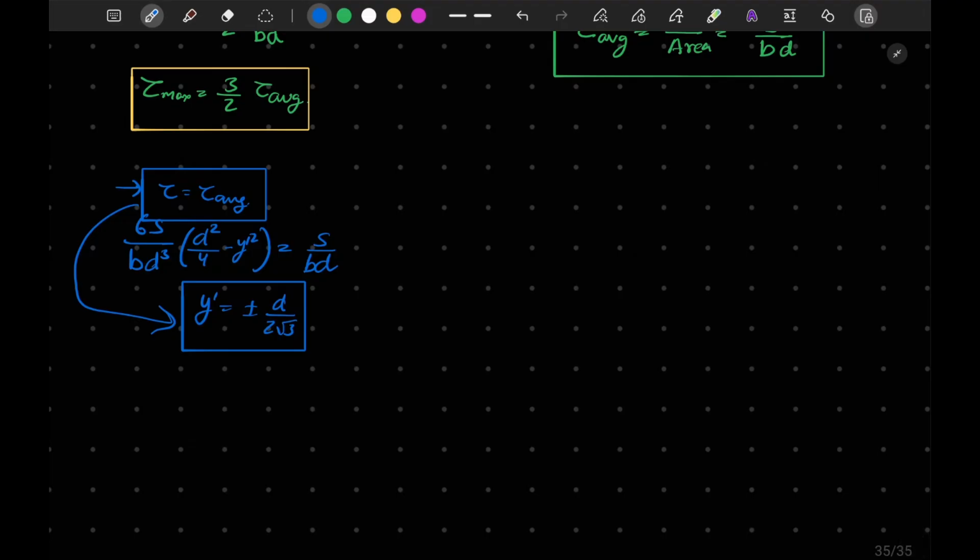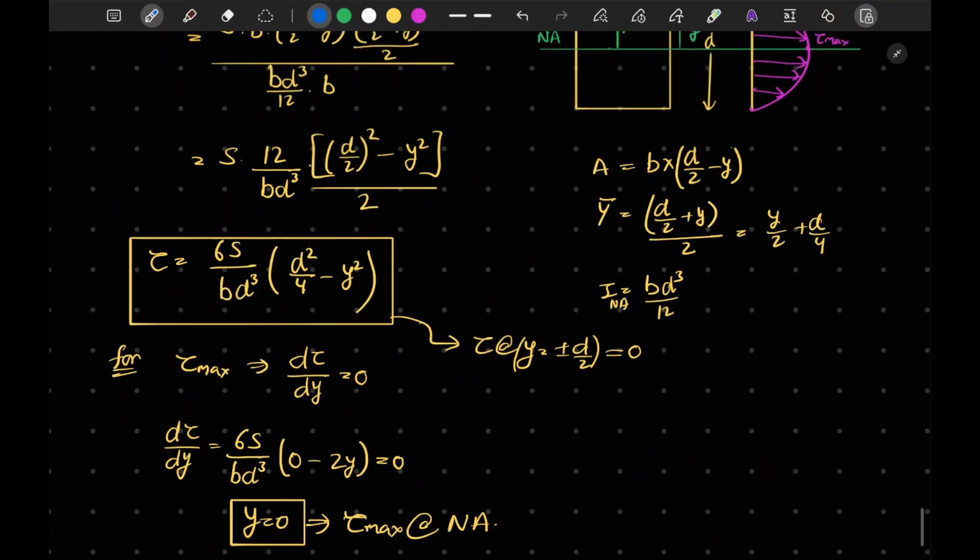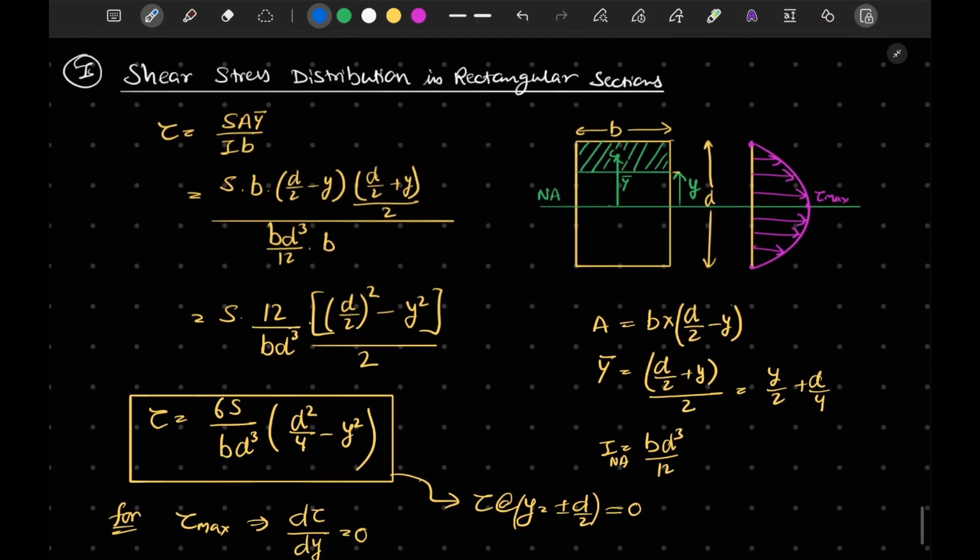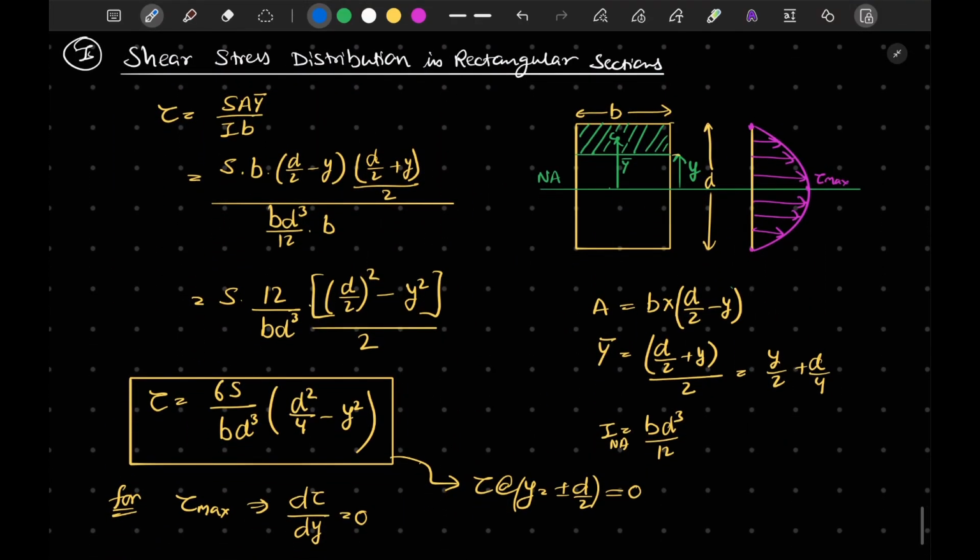Now we will be moving to our next general shear distribution that we generally study, that is of a triangle. We have already studied the shear distribution in the rectangular section.